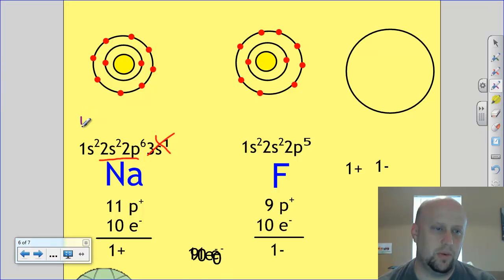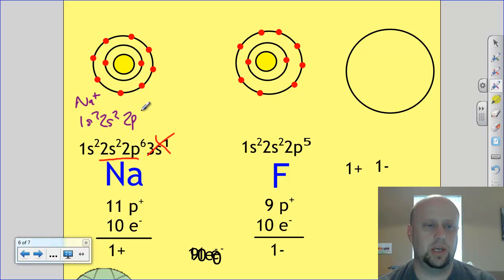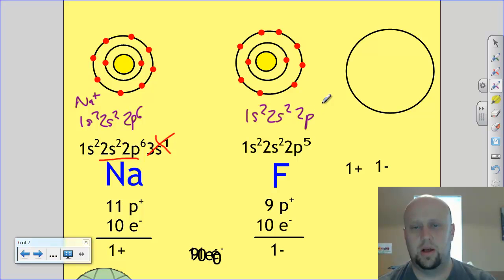But what this means is that a sodium with a positive charge now doesn't have 11 electrons, it only has 10. And so that changes its electron configuration to become this. And likewise, now that fluorine has 10 electrons, it changes its electron configuration to become this. So we gained an electron here, we lost an electron here, changes their electron configuration.